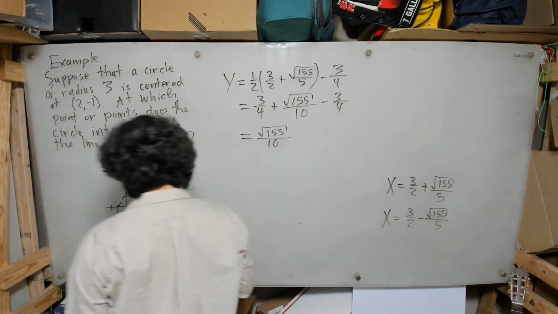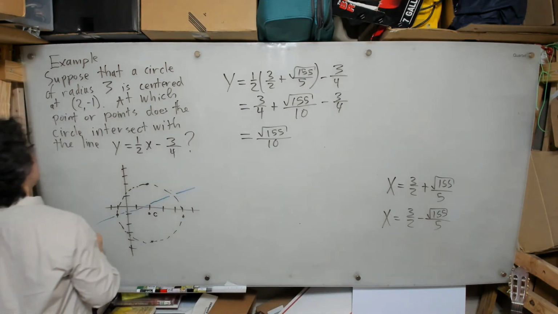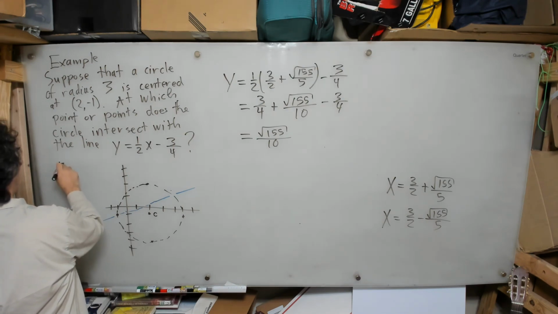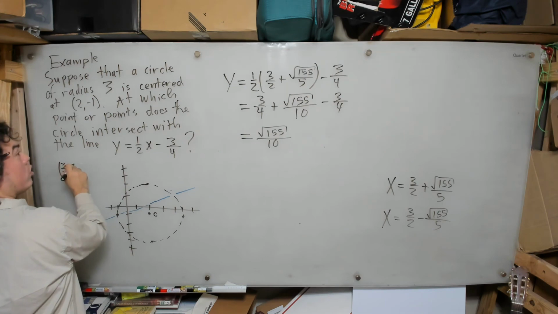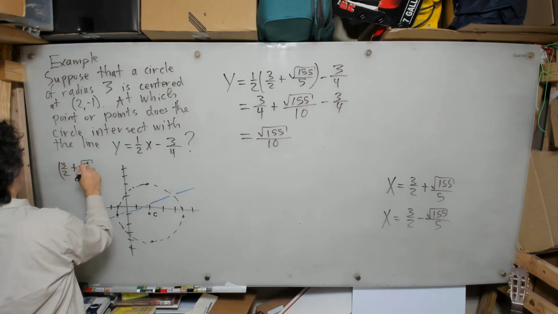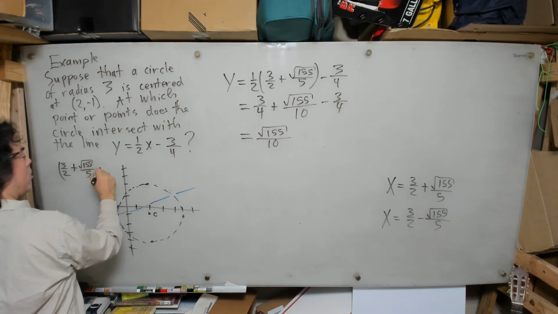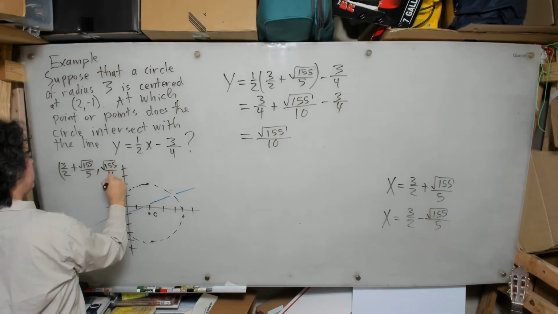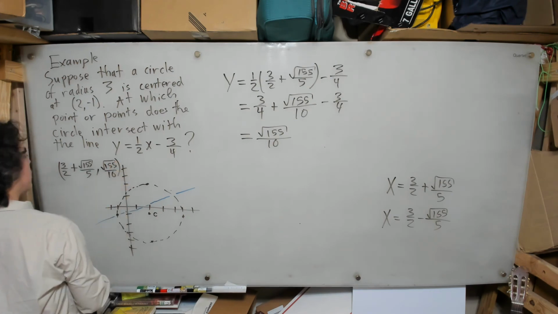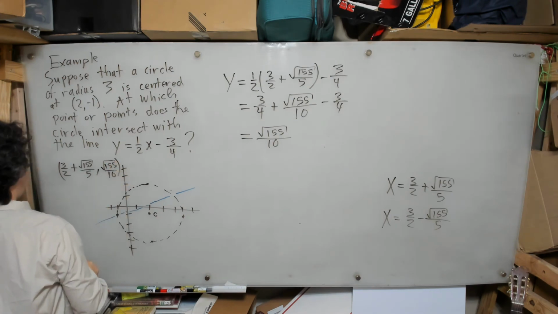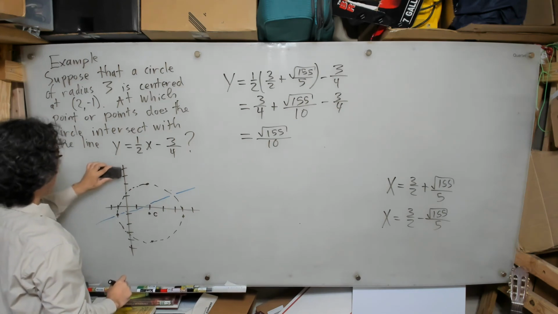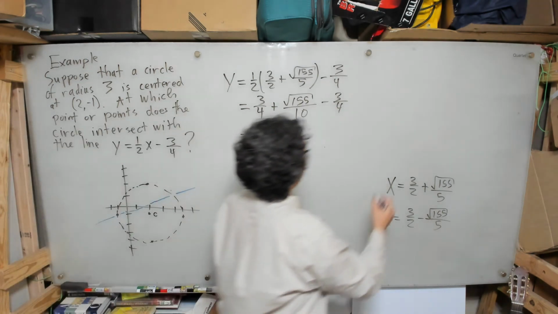Okay? So we can now answer one of the intersection points. The x coordinate, 3 over 2 plus the square root of 155 over 5, comma, with y coordinate, square root of 155 over 10. That's one of the intersection points. This looks jumbled up, so I'm going to put it over here so I can write it nice and big.